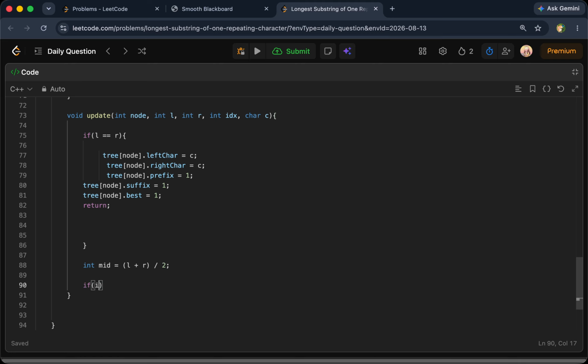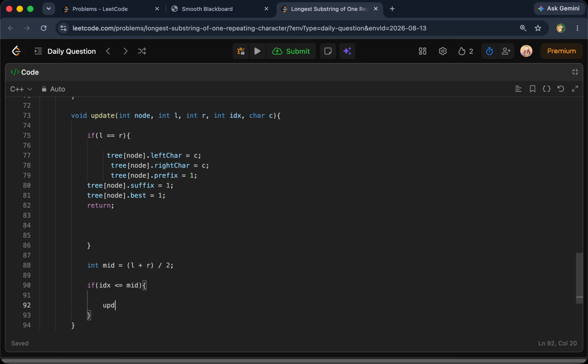If idx is less than or equal to mid, update node into 2, left, mid, idx and c. Else update node into 2 plus 1, mid plus 1, right, idx and c.